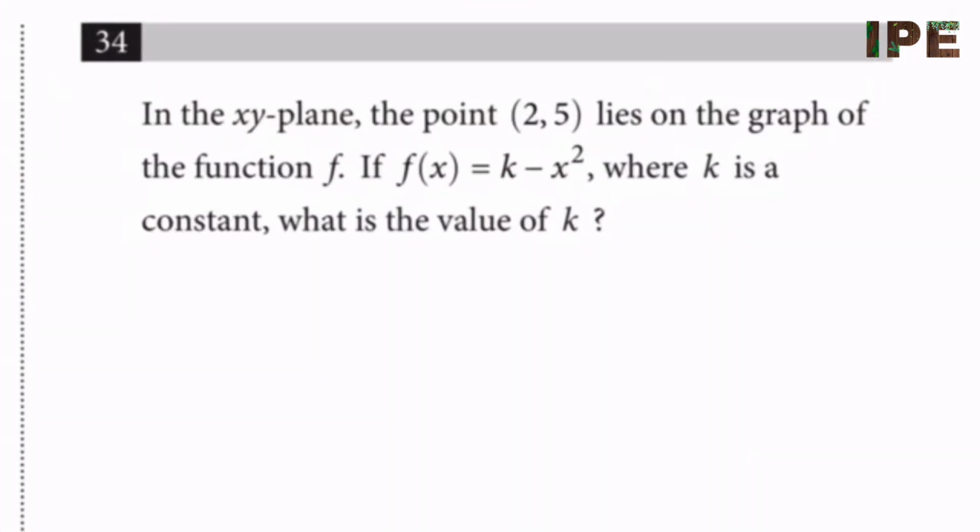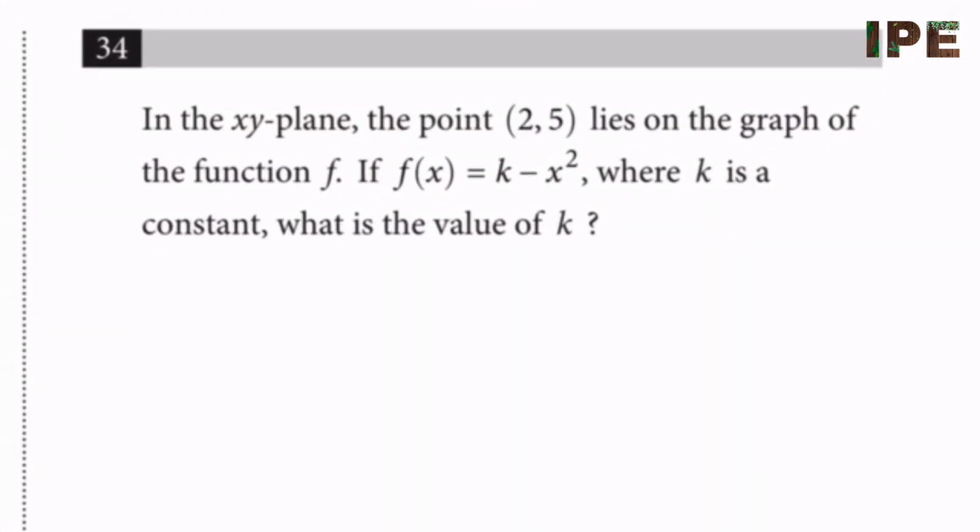C. 34. In the xy plane, the point (2, 5) lies on the graph. I already told you in the beginning of this lecture, a point (2, 5) lies on the graph. What does it mean? That means when you plug in 2 for x, the value of y is supposed to be 5.